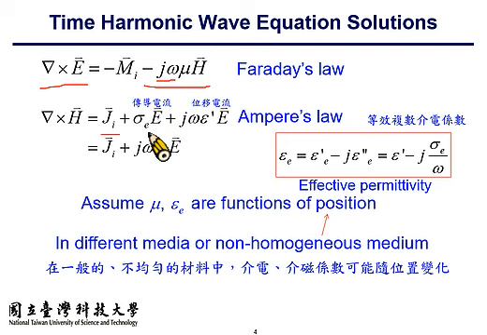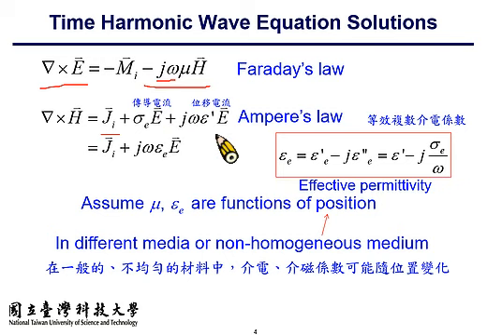The induced current includes the conduction current, which is due to the conductivity in your material. So it's written as sigma E times E. When the electrical field is applied on this material, you will induce a conduction current.